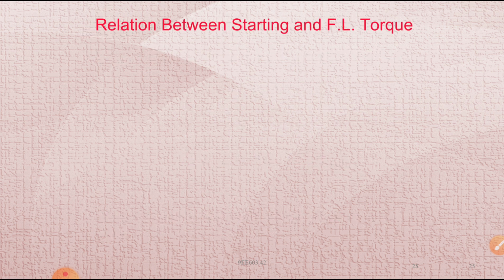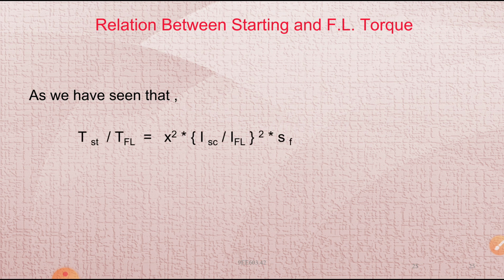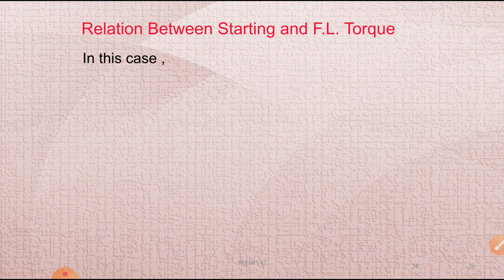Now let us finalize the torque equation, starting torque to full load torque, as we discussed previously. Torque at starting by T full load is equal to x square into (ISC by I full load) whole square into SF, where SF is the slip at full load condition and x is the factor by which the voltage is applied. Similar to the previous case, what is the x value?